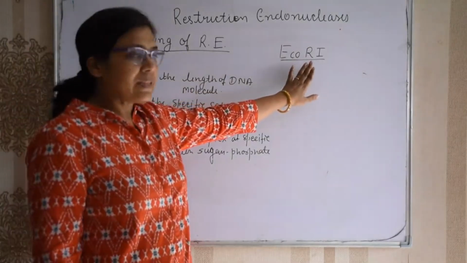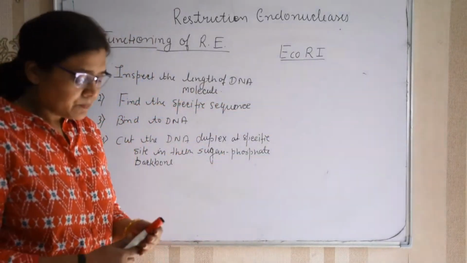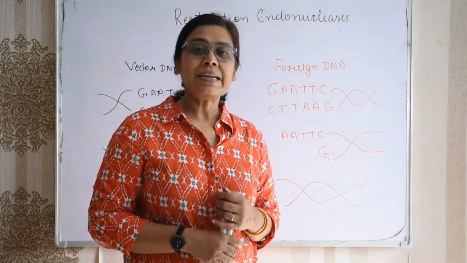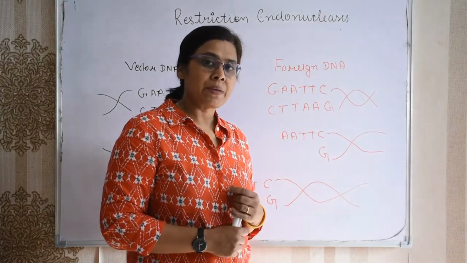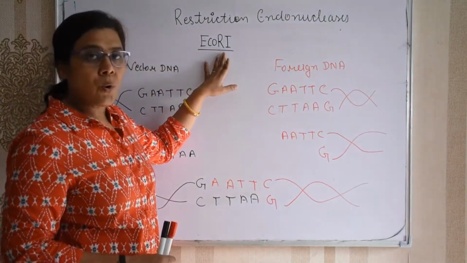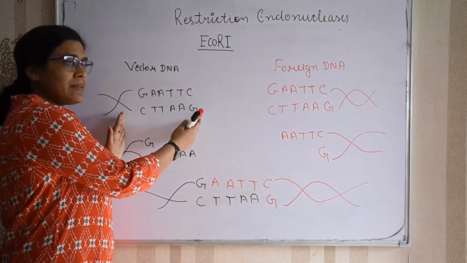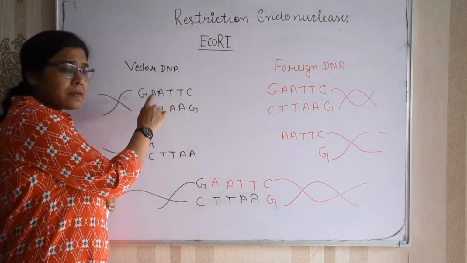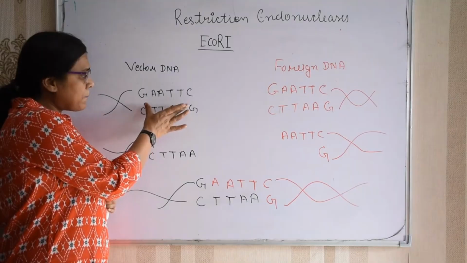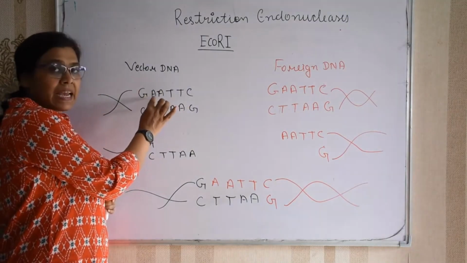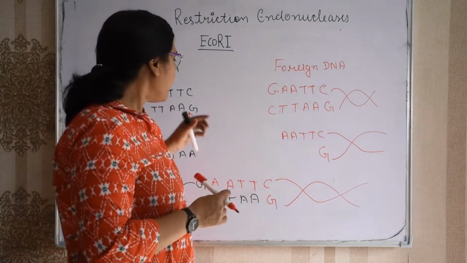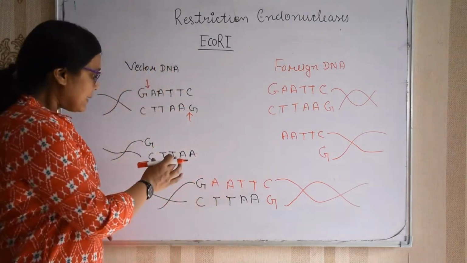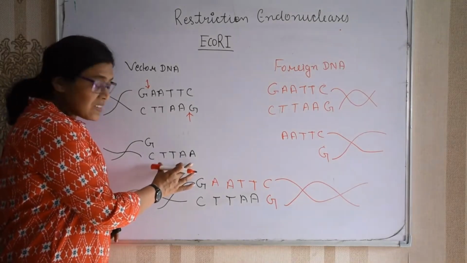We will see here with the example of EcoRI. Certain restriction enzymes cut DNA molecules a little away from the palindromic site. For example, EcoRI. This is the sequence where EcoRI acts. It cuts this palindromic sequence between G and A. It is cutting the DNA in such a way that it comes to possess a sticky end.